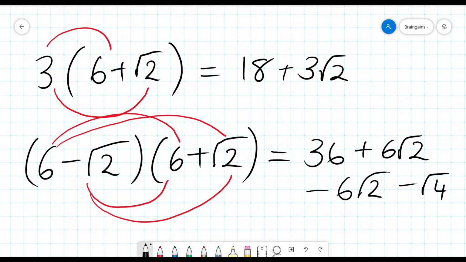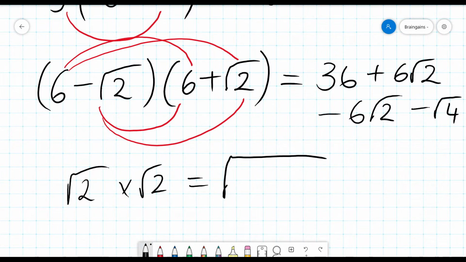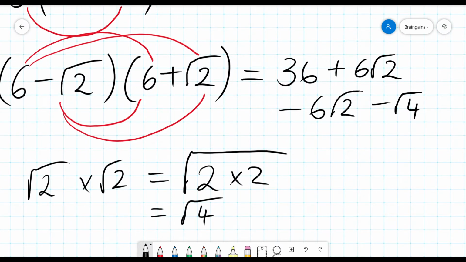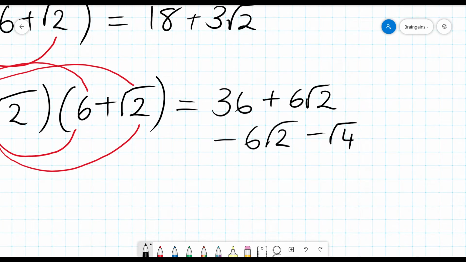The reason is because when we multiply two square roots together, we can multiply the numbers within one square root. So root 2 times root 2 would just become 2 times 2 under one square root, which is just root 4. And that's how we got minus root 4.